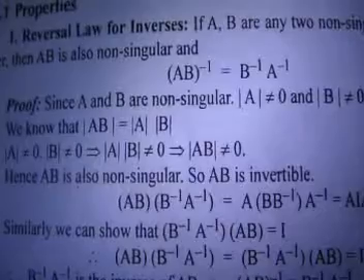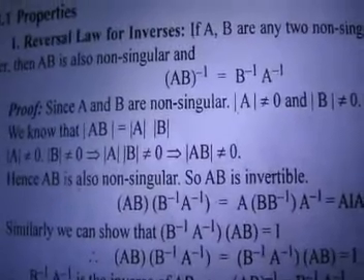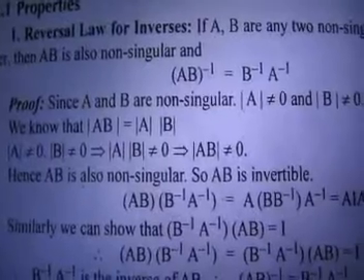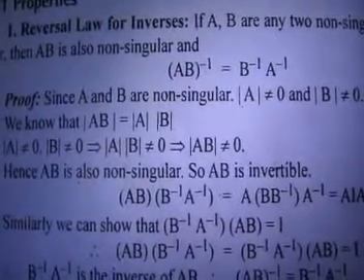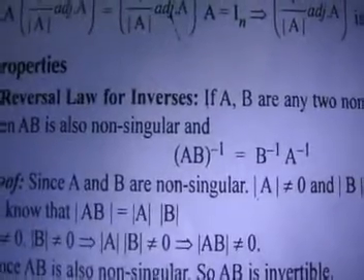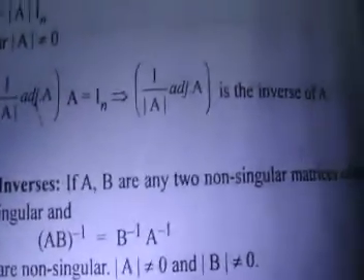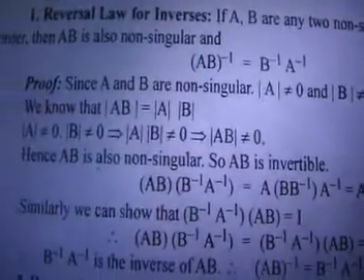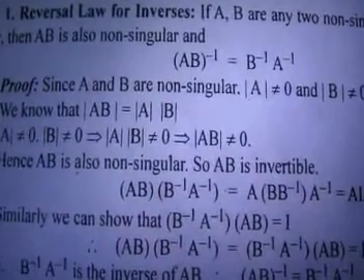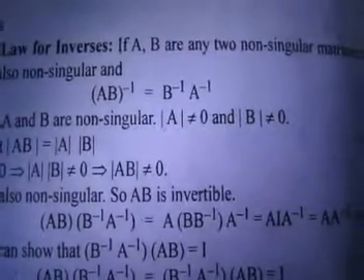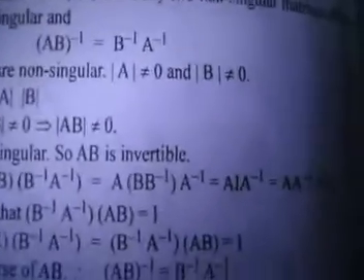The reason is, it is part of the definition of a non-singular matrix. So AB is invertible. If they are non-singular, then they are invertible. That is, we can find the inverse for that.